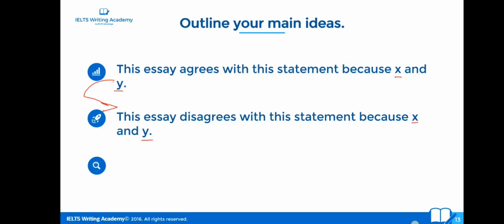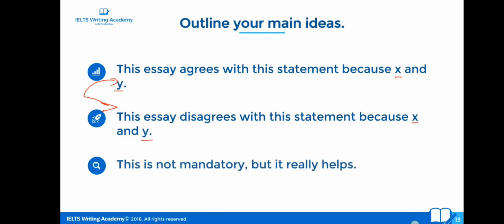So there's two different ways you can do it. I agree, here's the reasons. I disagree, here's the reasons. Very, very simple, very straightforward, very effective. This is not mandatory, but it really helps. I'm not going to explain it again, but people get really upset about this. They're like, my teacher told me I didn't have to do that. You don't, but I strongly recommend it.